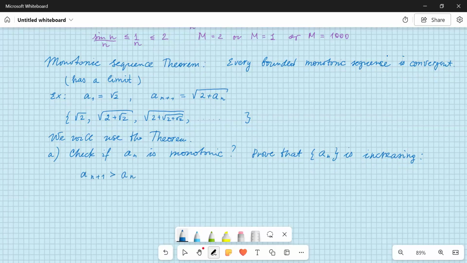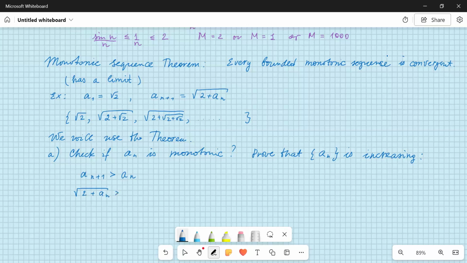How do we show this? Well, we're just going to use our formula for the sequence and write down the next term and the previous term. And I think it's going to be visible that it's increasing. If it's not visible, we probably are going to use a different method. Well, let's see. My next term, a_(n+1), is going to look like the square root of 2 plus a_n, right?